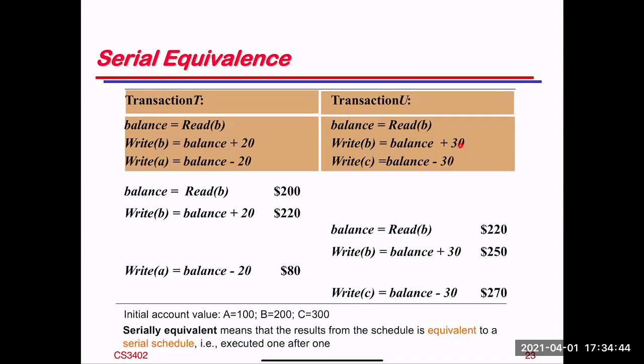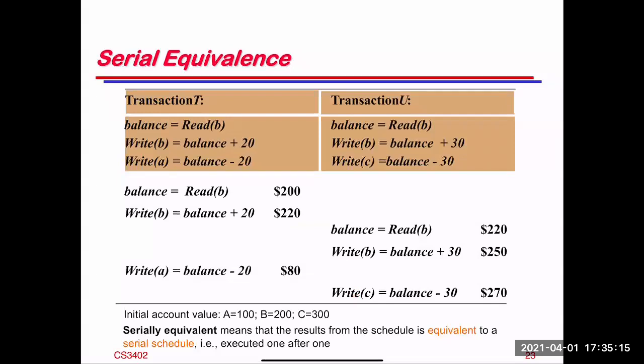And similarly for transaction U. So in this schedule, we first execute these two operations from transaction T, then we do these two operations here from transaction U, and then we do this operation and then this one here.